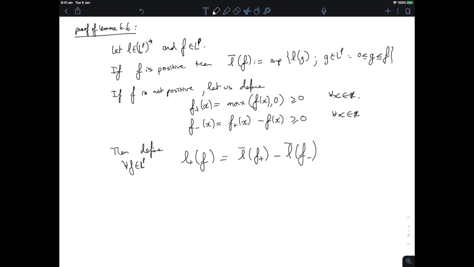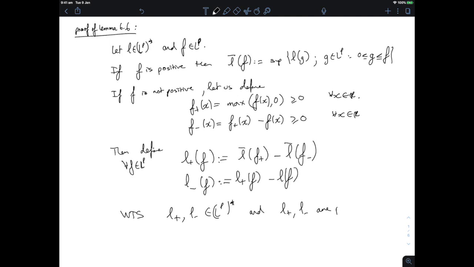Right, so that's my candidate for being the L plus part, and of course I'm going to define L minus of f as L plus of f minus L of f. Right, so what do we need to show in all of this? So we need to show that L plus and L minus are in LP star. First of all, we need to show they are linear functionals, and we need to show that they are positive.